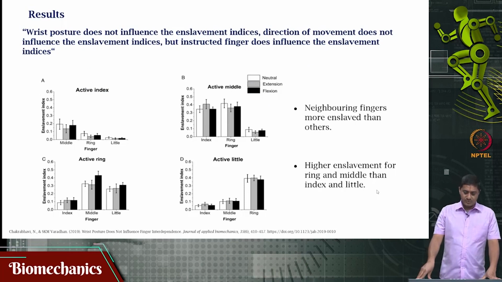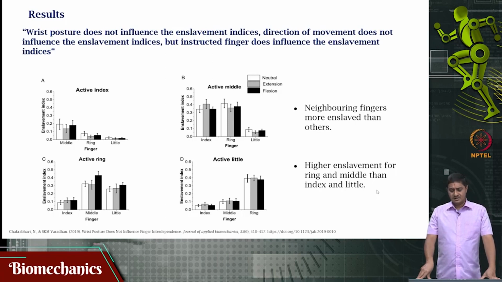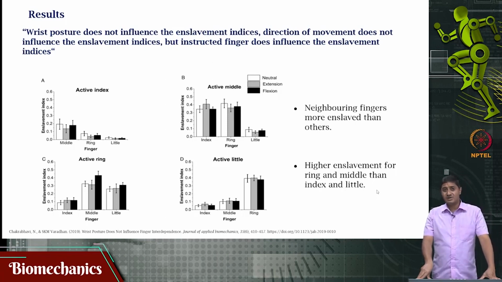What we found was that wrist posture did not affect the enslavement index, and direction of movement also does not appear to influence the enslavement index. But which finger is the instructed finger does affect the enslavement index.